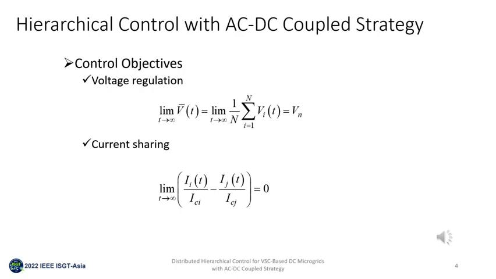The average output voltage of the sources should be the nominal voltage. And second, the output current of each converter should be proportional to its own power rating, which is denoted as IC here.